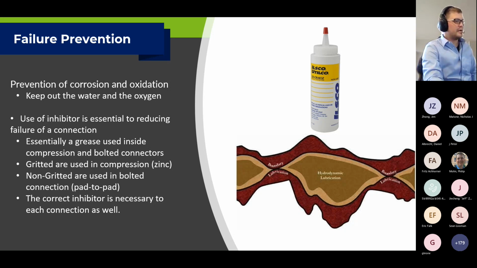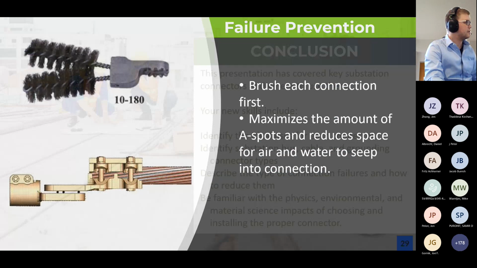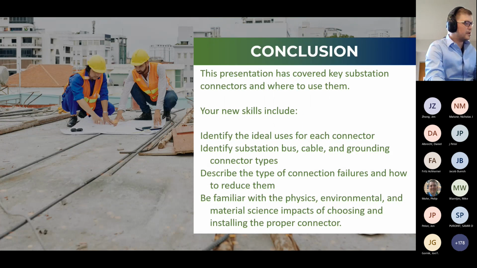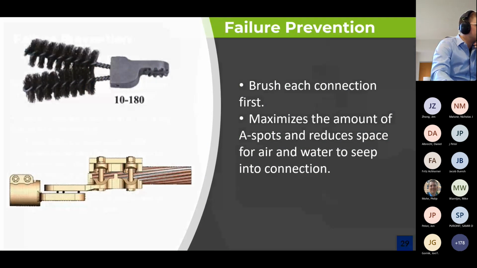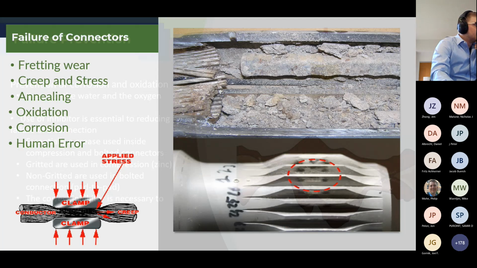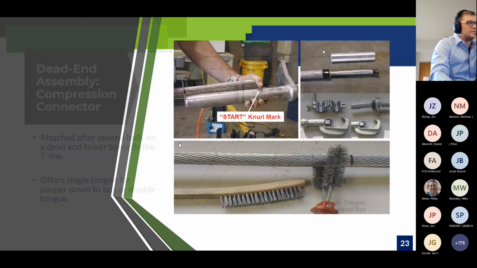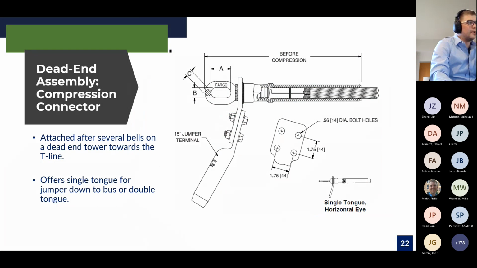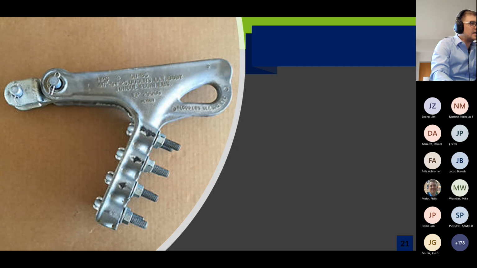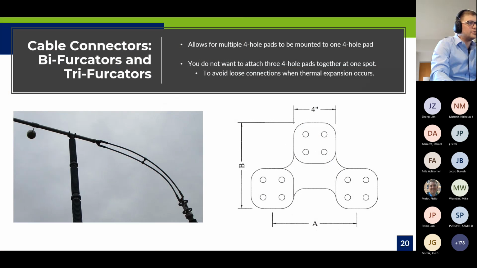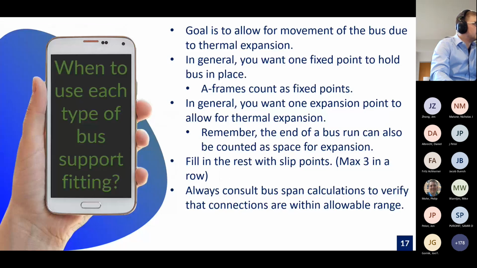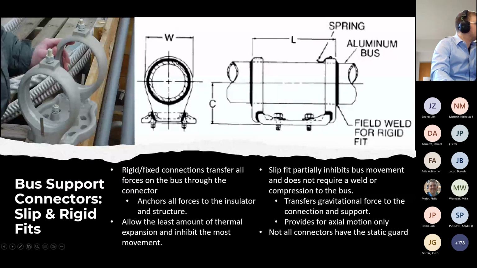Yeah, so the two types, the rigid and the slip, are very similar in terms of how they appear. Essentially, you would either weld the bus portions to the outer ring on the rigid side, to this portion here.